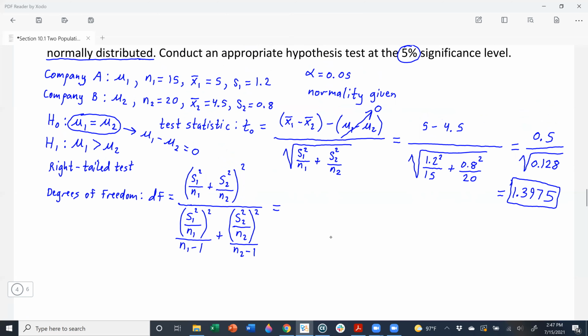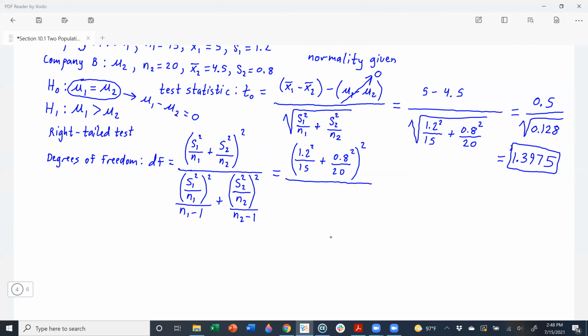So for the S1 squared, that's 1.2 squared divided by N1, which is 15, plus S2 squared, that's the 0.8 squared divided by N2, which is 20. And all of that gets squared. Okay, and now S1 squared again, so kind of repetitive seeming.